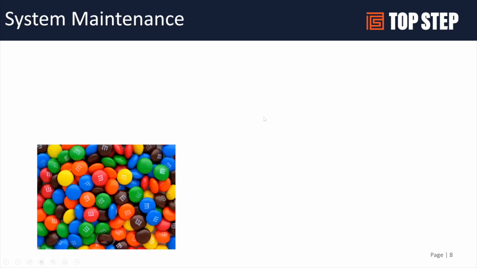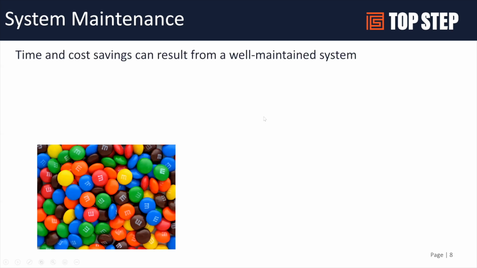System maintenance. System maintenance can drive time and cost savings. Now that may sound interesting or funny, but if you have a well-maintained OpenAir system, you really can save time and cost. So I'll give you a few examples. How many of us have forgotten to inactivate users once they're no longer needed in the system?